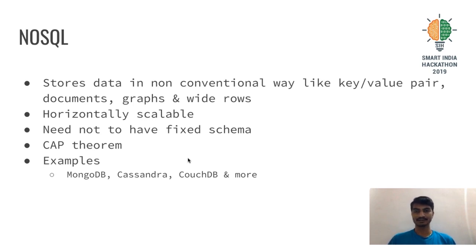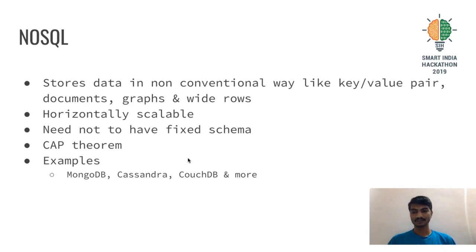I can have availability and partition tolerance, or consistency and partition tolerance, and modern databases like CockroachDB support the flexibility of configuring which parameters of the CAP theorem I want, and I can define my database.